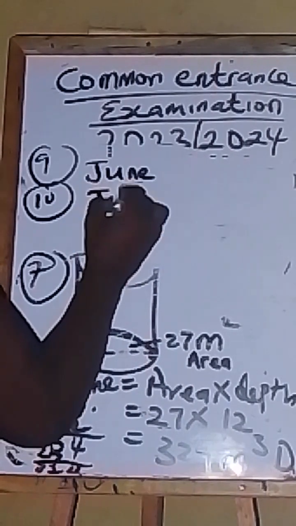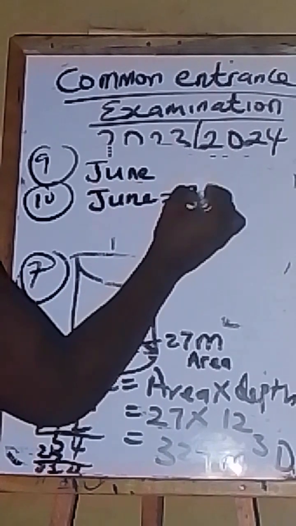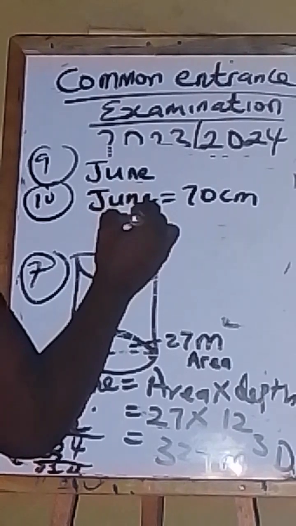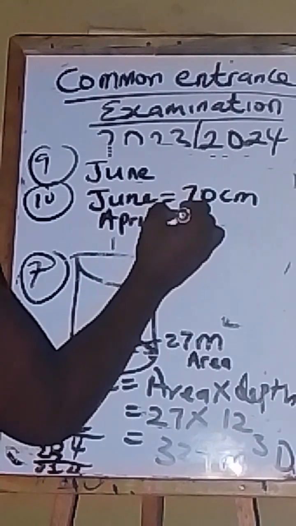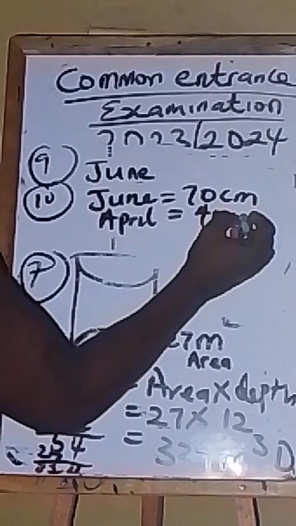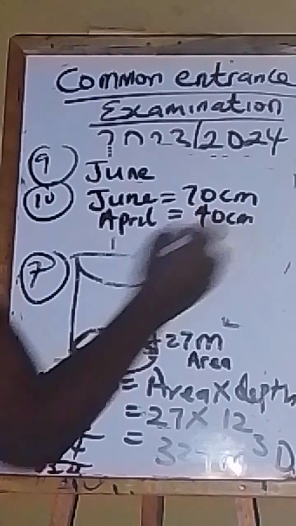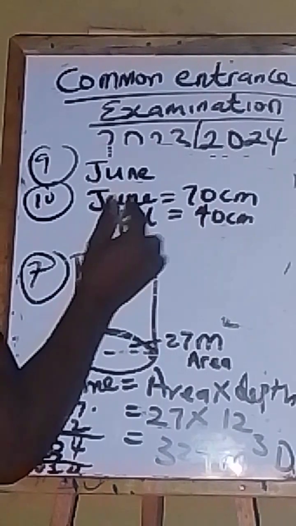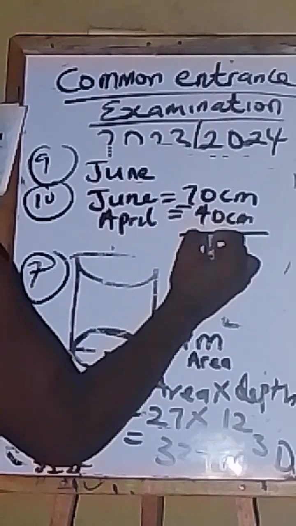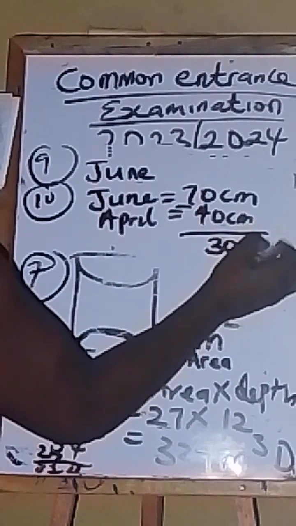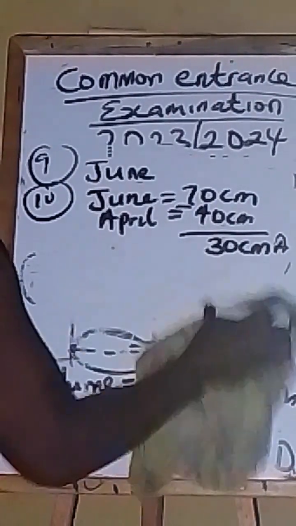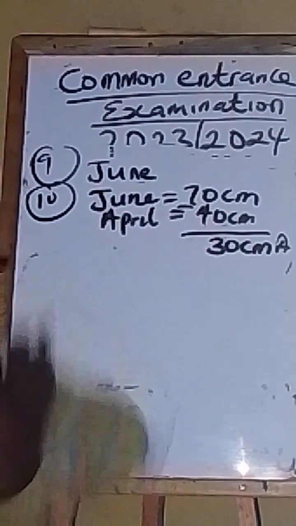For June, it is 70 centimeters. April is 40 centimeters. So the difference is what we have to calculate, and that is 30 centimeters. So the option is A.